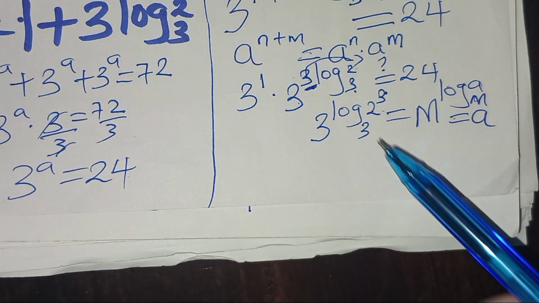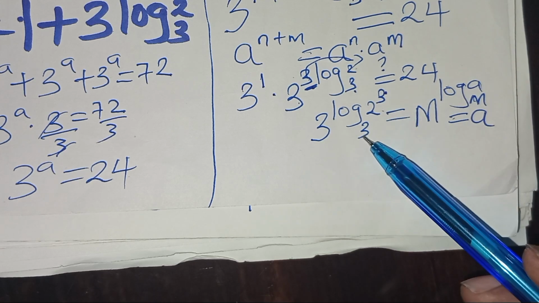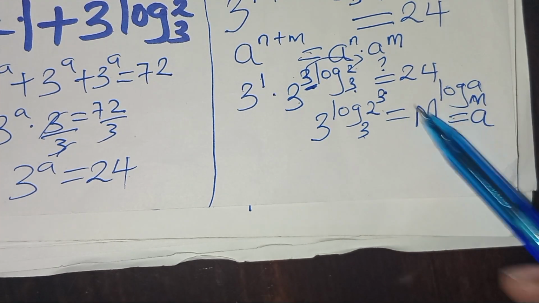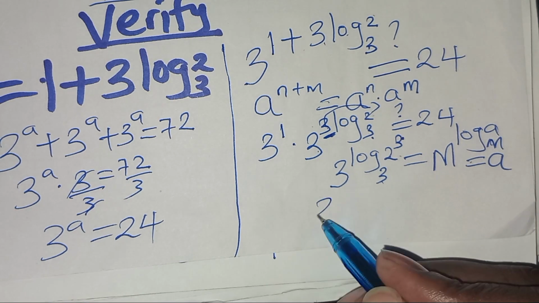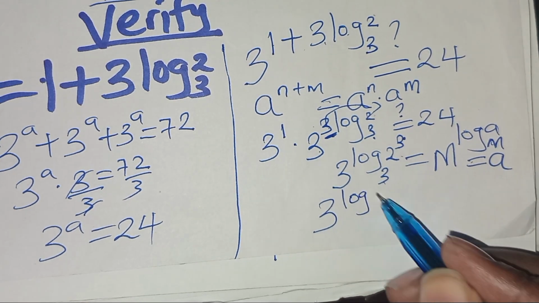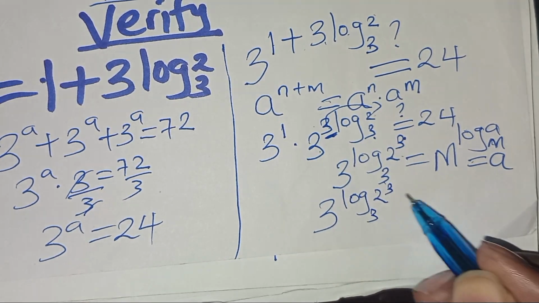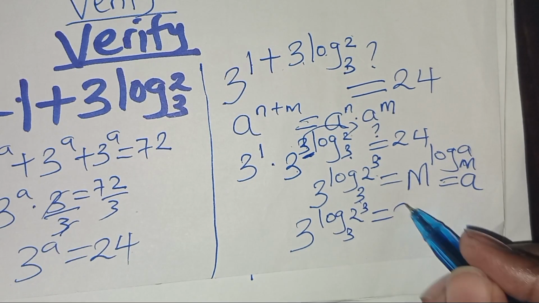So we are saying that 3 to the power log 2 to the power 3 to base 3 is in this form. So that means that 3 to the power log 2 cubed to base 3 is basically equal to 2 to the power 3.